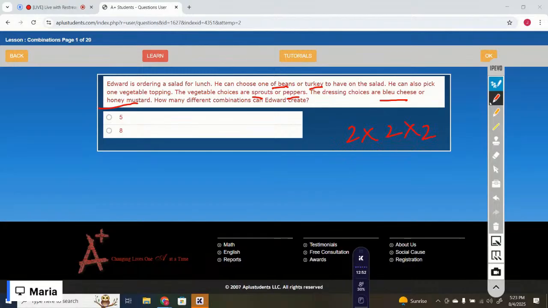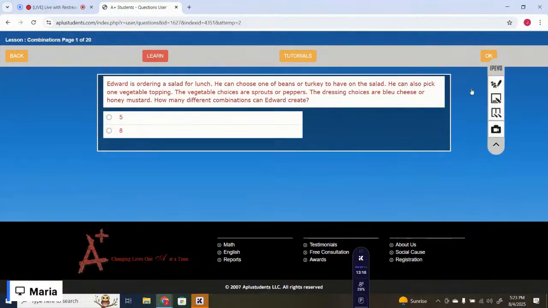So, 2 times 2 times 2 is 8. Option number 2 is the correct option. 8 it is.